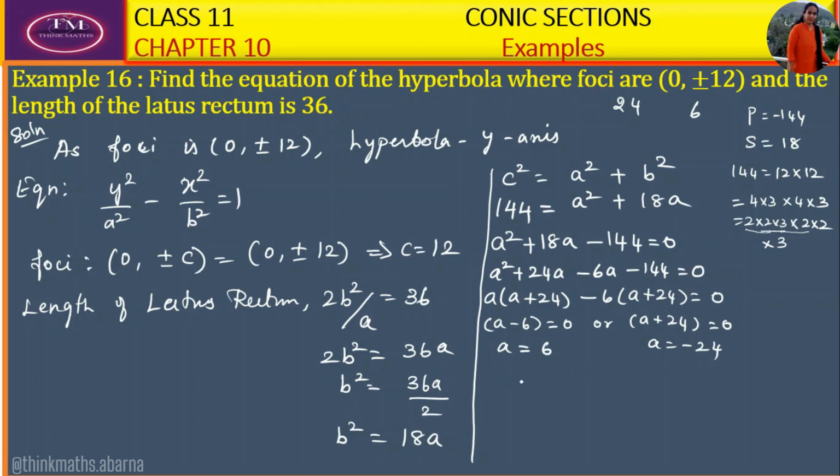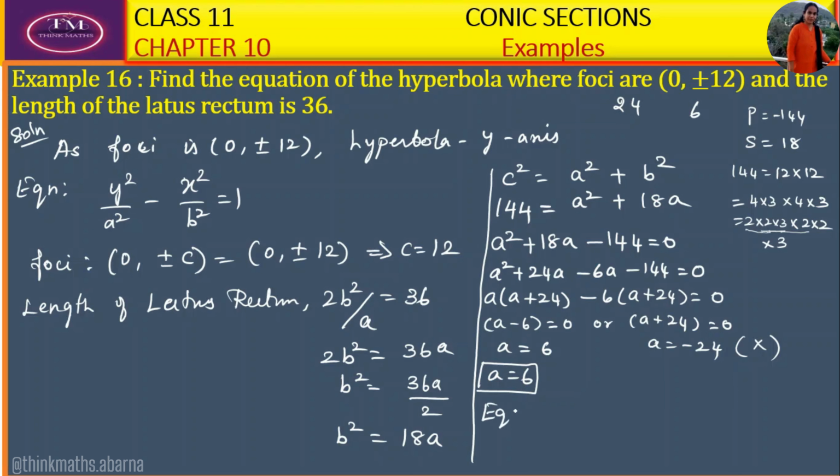So a is the length, vertices, so that cannot be negative. We only mark negative if it is on the negative side of x-axis or y-axis, not the length as negative. So a negative will not be coming. So a is equal to 6. Okay. So this is the answer for a is equal to 6.